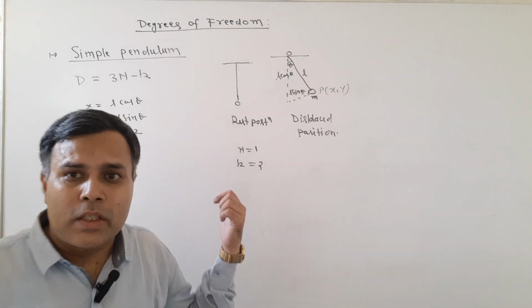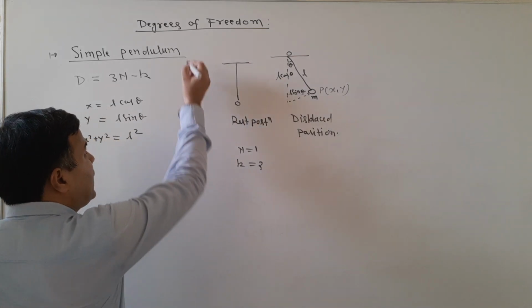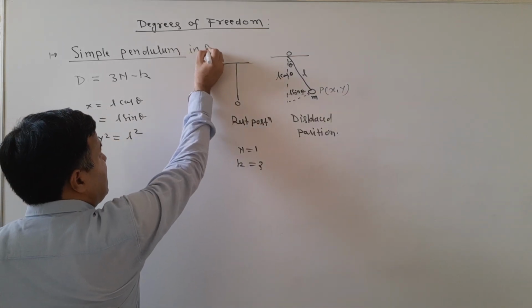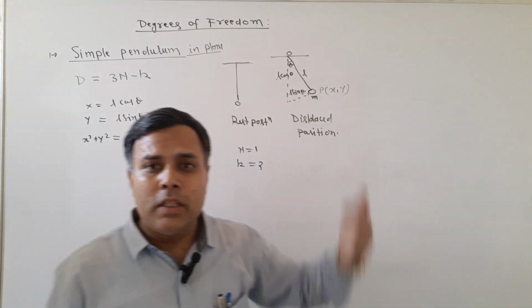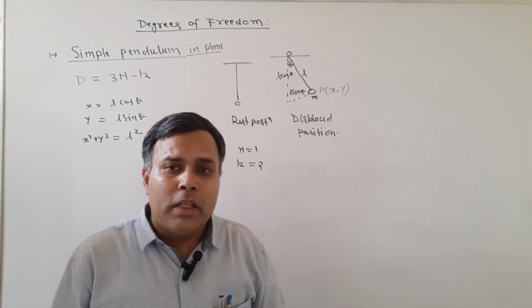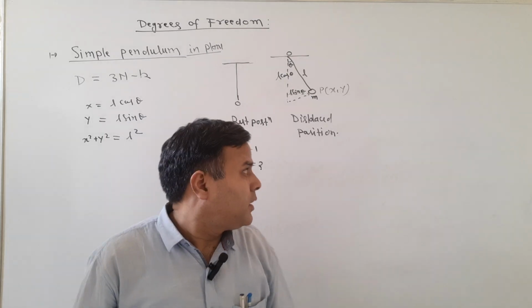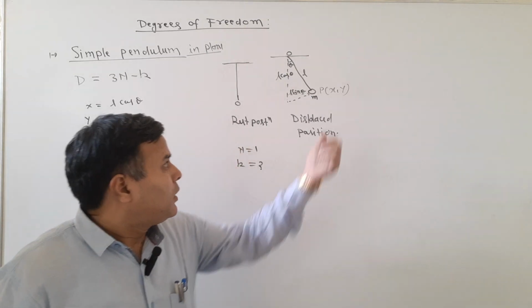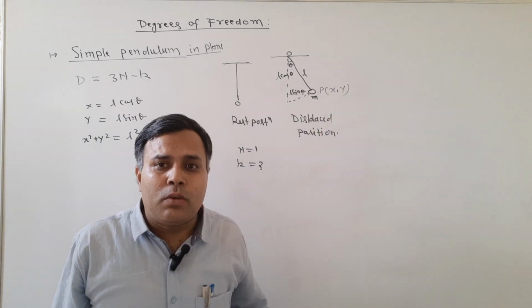So this is one equation of constraint, and our simple pendulum is in a plane. It means it is in the xy plane, or the xz plane, or the yz plane. In this case it is in the xy plane. It means there is no z coordinate.